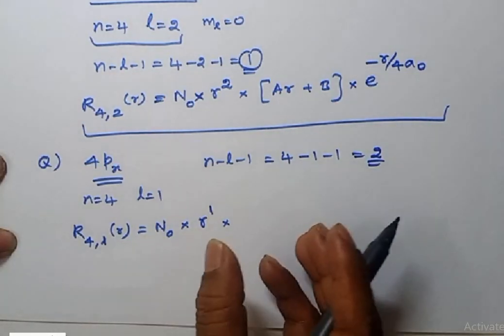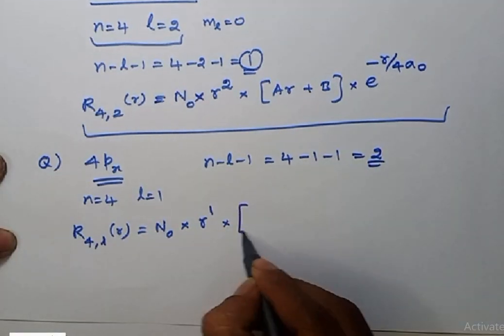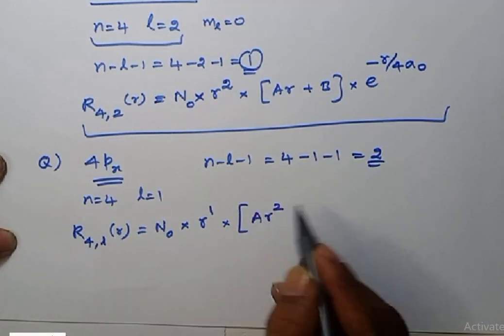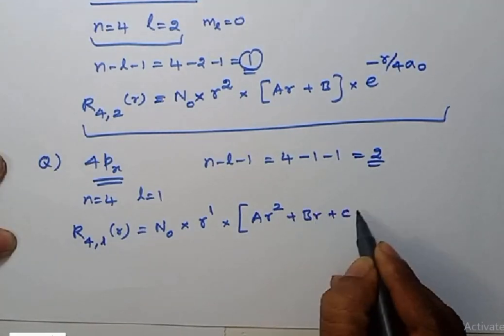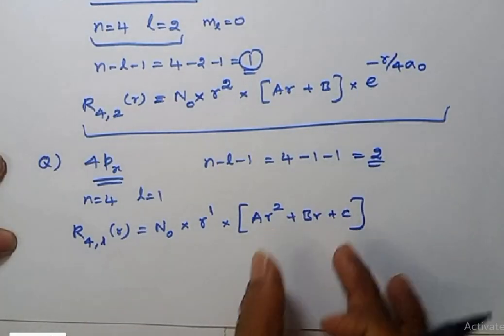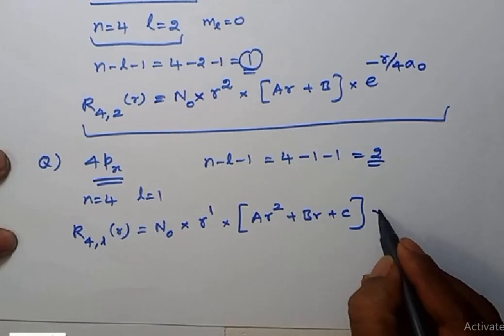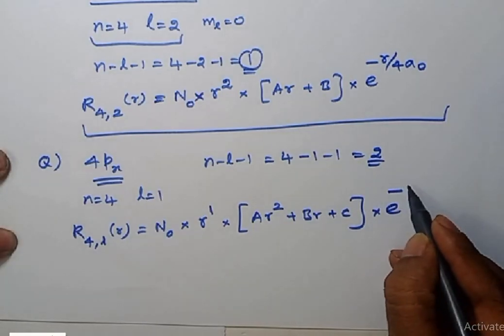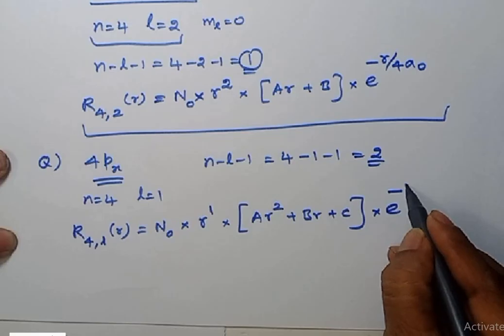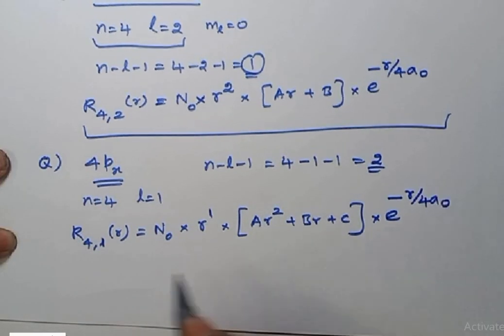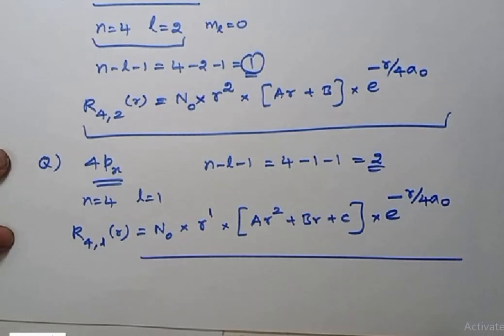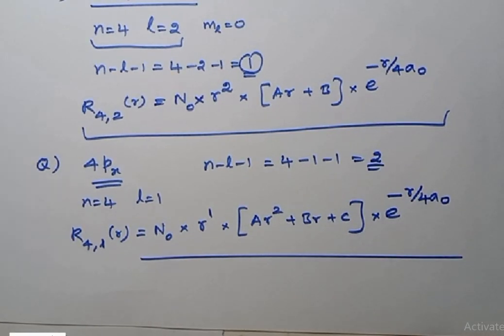So we should write a polynomial of degree 2. What's the meaning? Degree 2 means we should have an a r squared term, higher power 2, then b r, then c. We should get a quadratic term, right? Into e power minus Zr by n a naught. Since it is a hydrogen atom, Z value is 1, and n value is 4, so 4 into a naught. This is the radial part of the wave function.